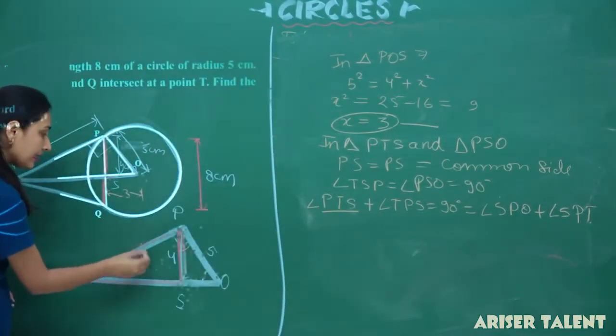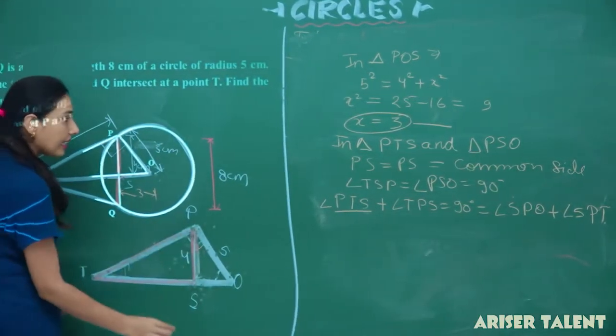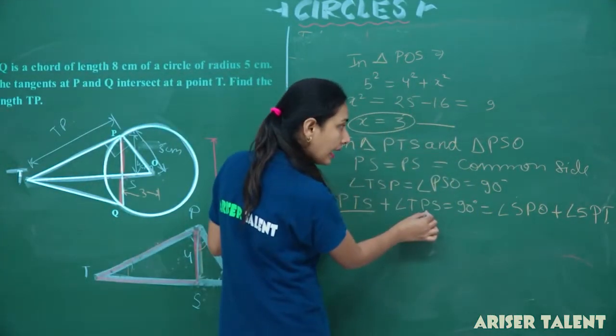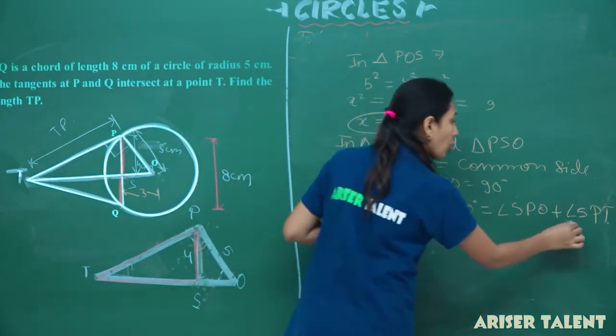This angle and this angle make 90 degrees. So can I say there is some common angle P? This angle P is common in both.